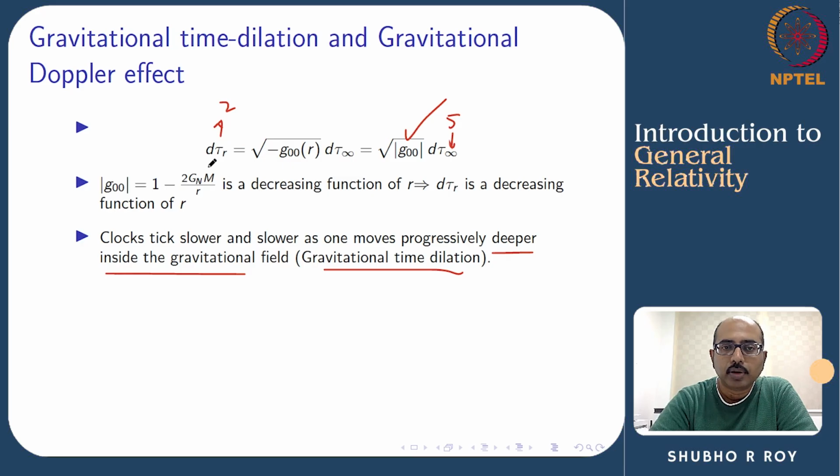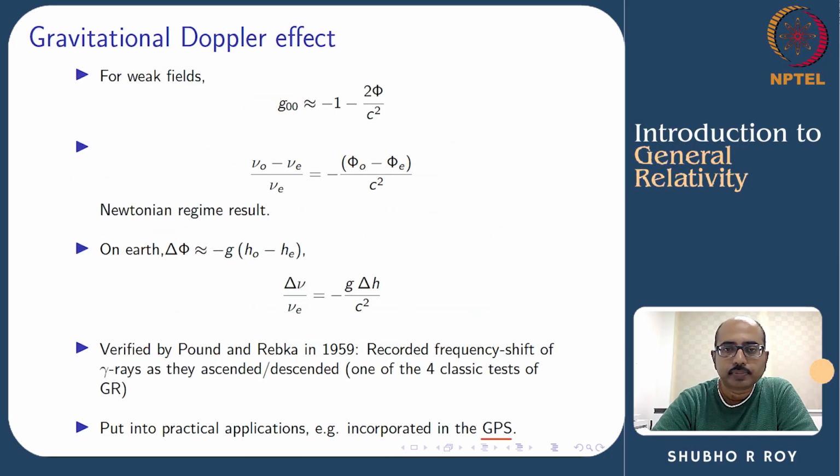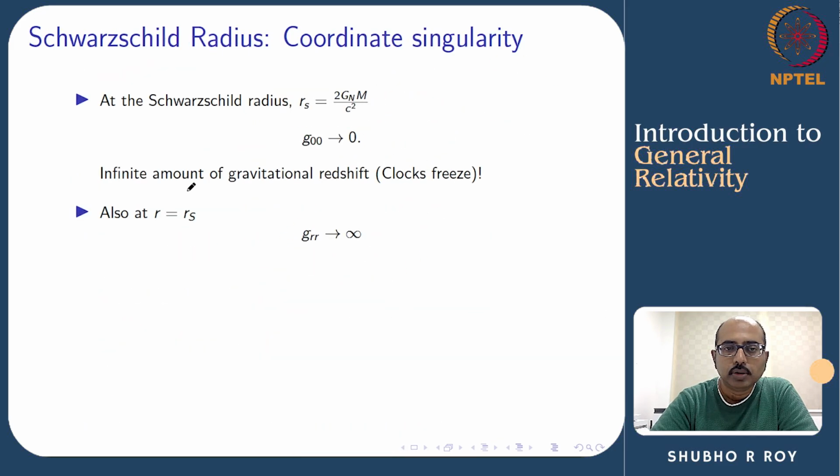Yes, dt_r is root G00 times dt infinity. But what happens at the Schwarzschild radius is this is equal to exactly 0. So the clock freezes. At the Schwarzschild radius, time doesn't pass. It's because there is an infinite amount of gravitational redshift. Okay, so the clocks freeze.